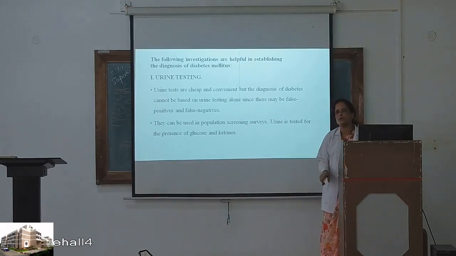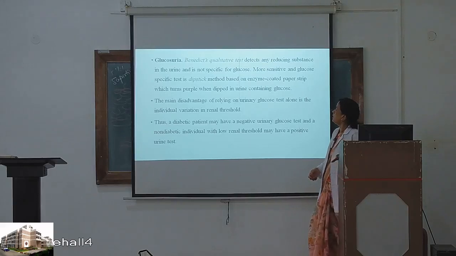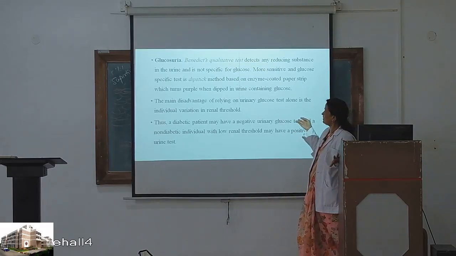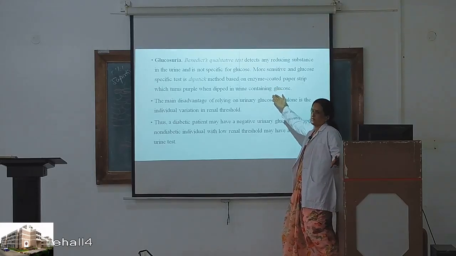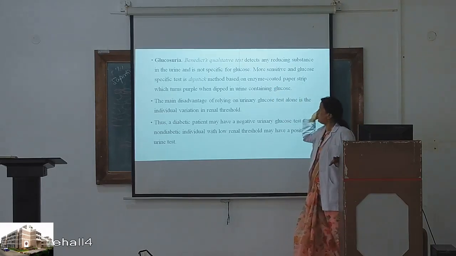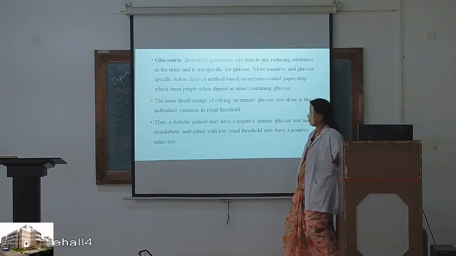Whenever glucose is positive, they've told you to test ketone bodies, especially when glucose is more than 2%, Benedict's positivity. Benedict's qualitative test detects this. Now we say all this is outdated. Benedict's semi-quantitative was what is being taught to you.